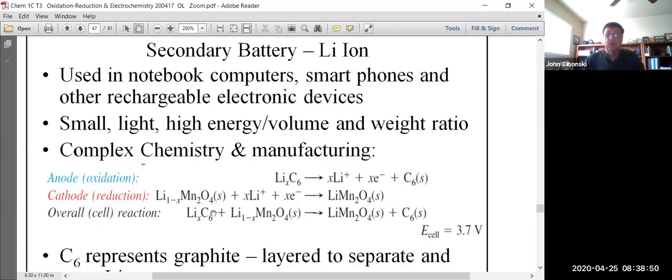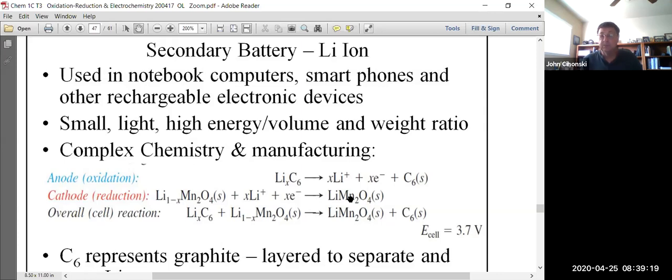Okay, so what happens here is, as this cathode material accepts an electron, it will go to a mixture of manganese +4 and manganese +3. So you're forming more +3. That's where this electron goes. There's less +3 here, there's more +3 here, so it is being reduced.